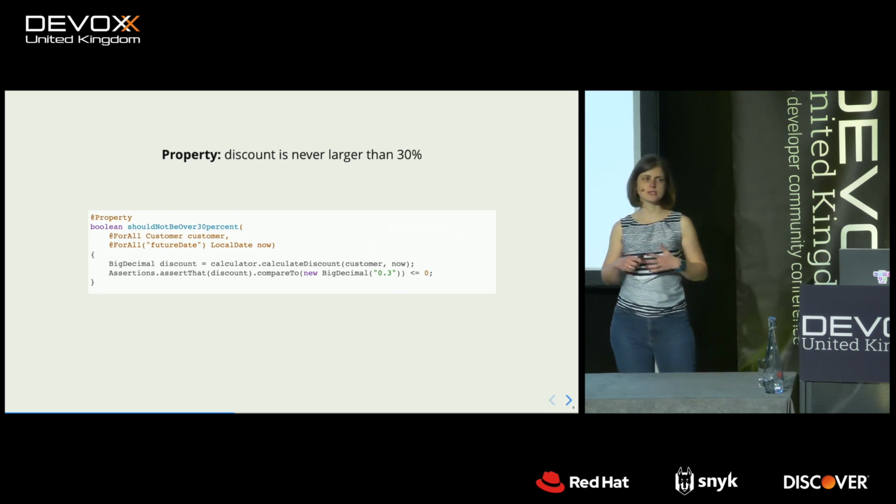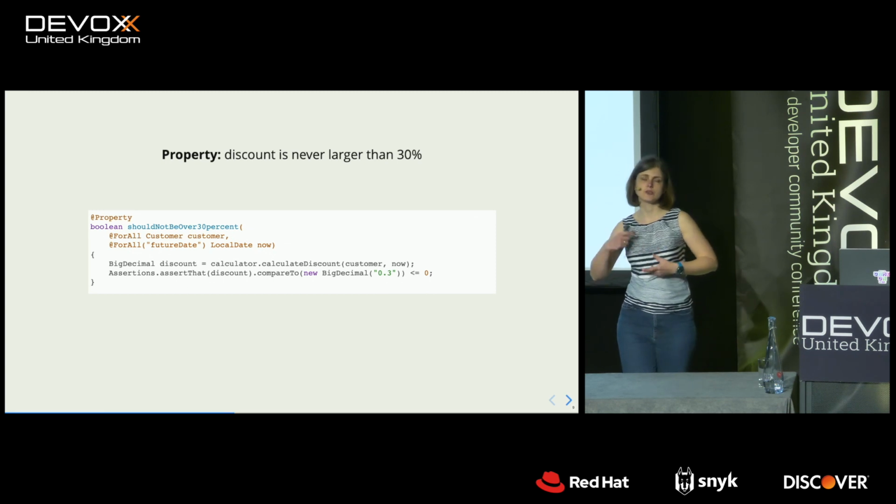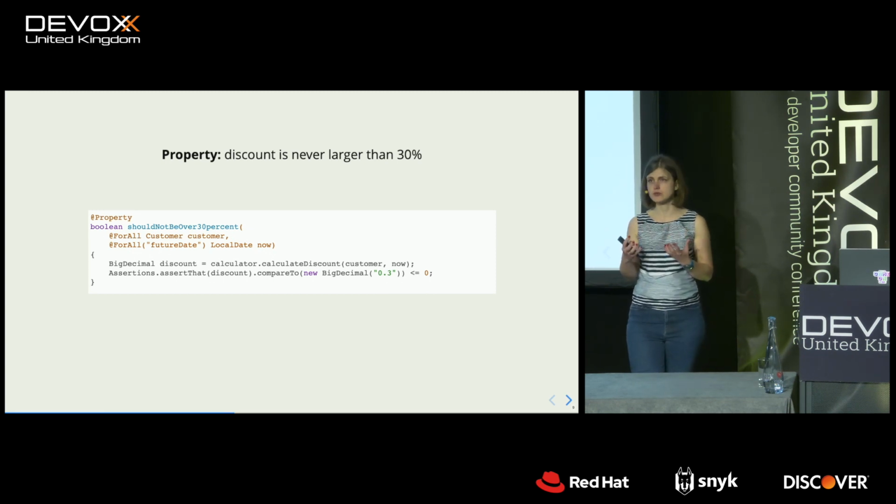Because what you say here is, dear jqwik, this is my property. Please verify it for me. And what jqwik does is it generates 1,000 random pairs of customers and dates, runs your test 1,000 times, and verifies that this property is still followed.